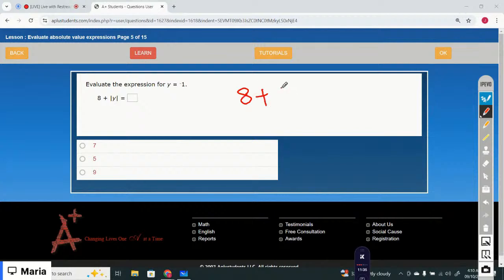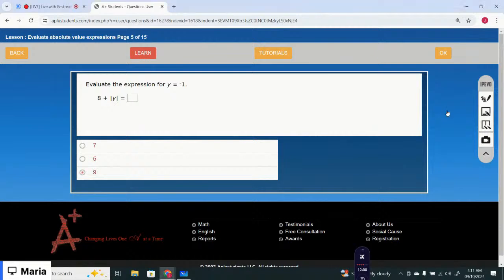So 8 plus the absolute value of negative 1. The absolute value of negative 1 is 1. So that is 8 plus 1. The correct option is 9. Option number 3 is the correct option.